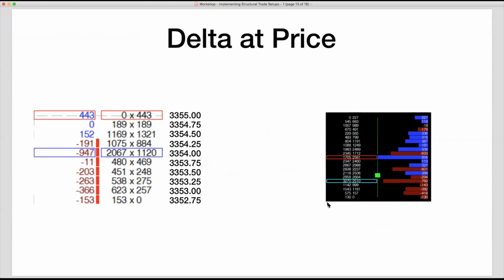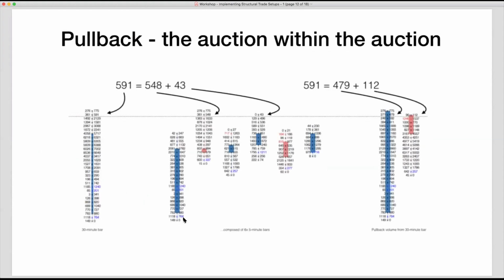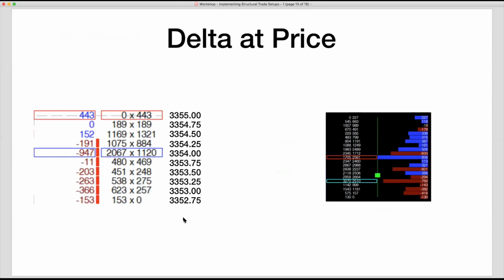The next concept is delta at price. Now, on the left, reading from right to left, I've got a bunch of prices, 33.55 at the high, 52.75 at the low. I've got a footprint in the middle showing the bid and the ask prints at each price level. And then in the left-hand column, I have got the horizontal delta. So at the top, you can see 403 contracts minus 0 is positive delta of 443.